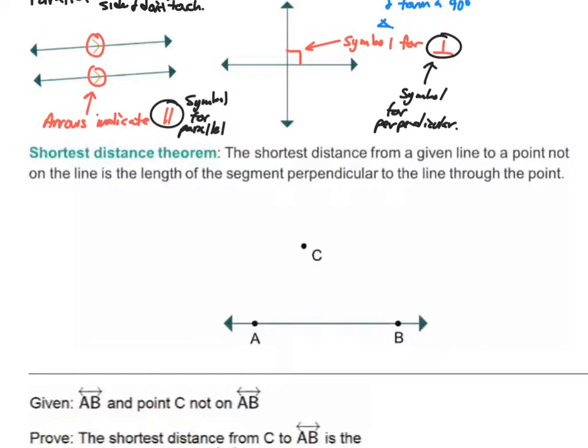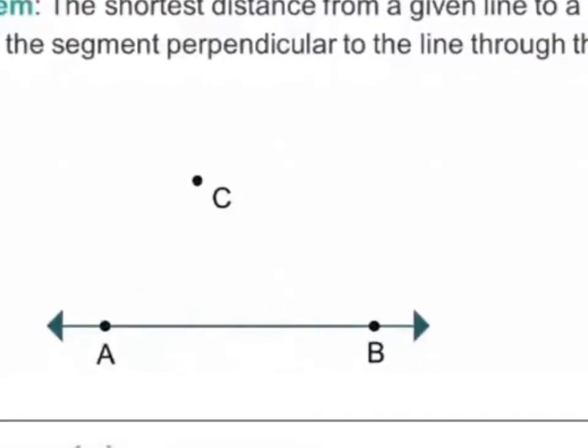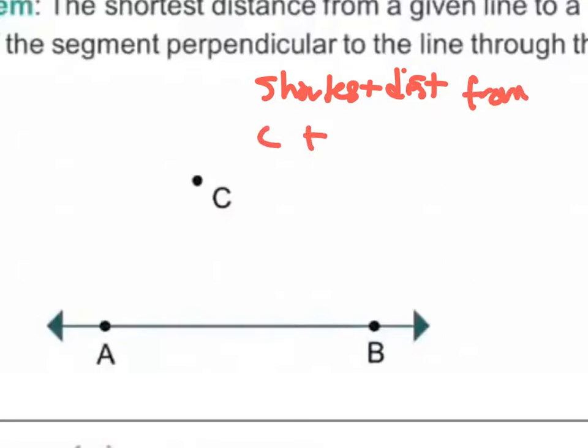So if I wanted to find the shortest distance from C to line AB, then that would be a perpendicular line.